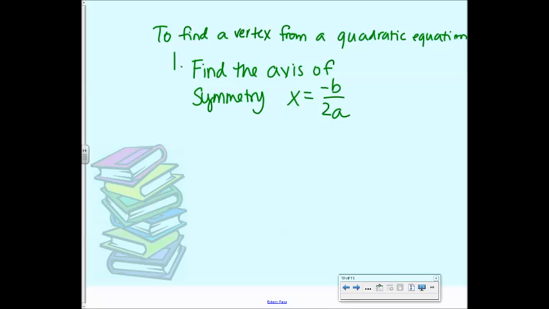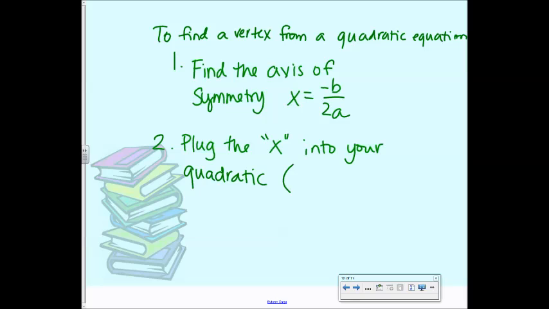So the second step is plug in the x into your quadratic. And that'll give you the y. And then that's your vertex.